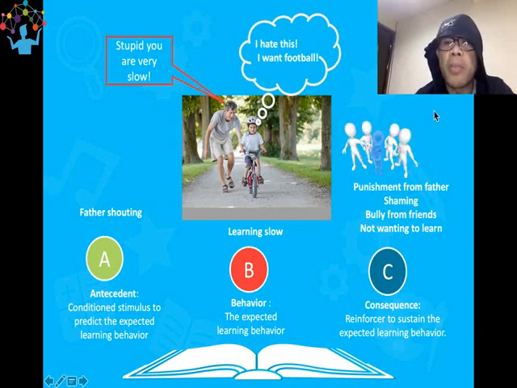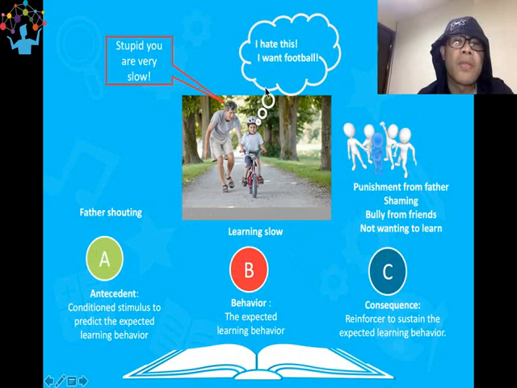Also, some friends might be watching him during the training, and afterwards they bully the child. That creates the antecedent of not wanting to learn anymore. So the next time around, for sure, you can expect slow learning because of these A and C conditions.